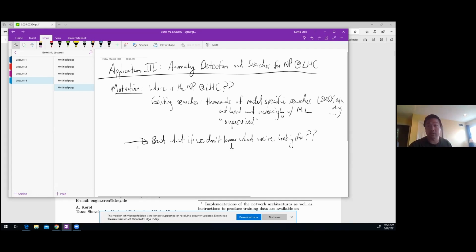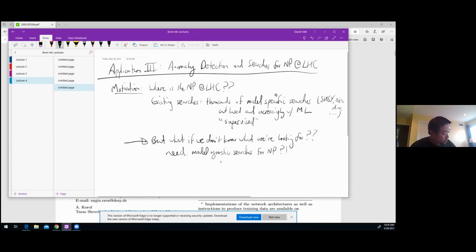And so if we don't know what we're looking for, that's a very tantalizing possibility. Can we design searches for new physics that are more model agnostic? So we need model agnostic searches for new physics at the LHC.